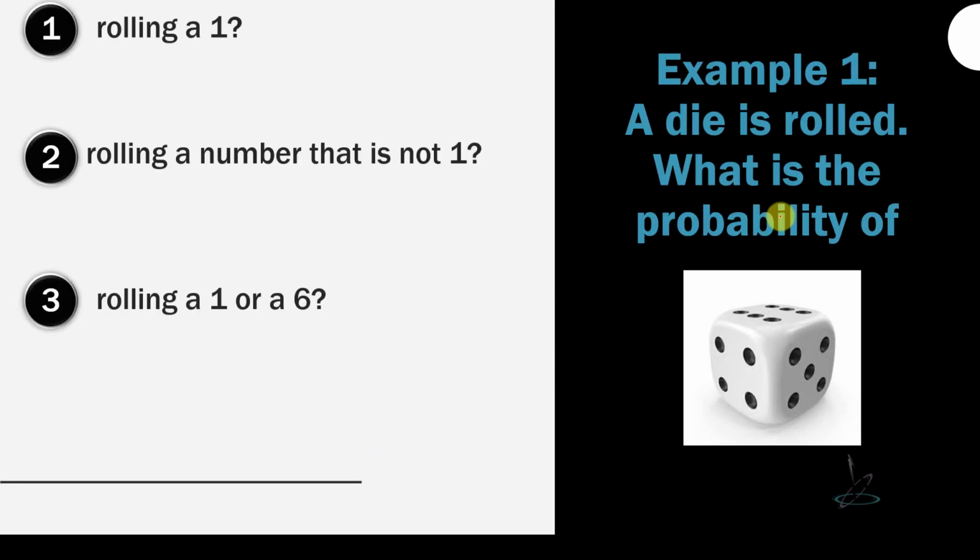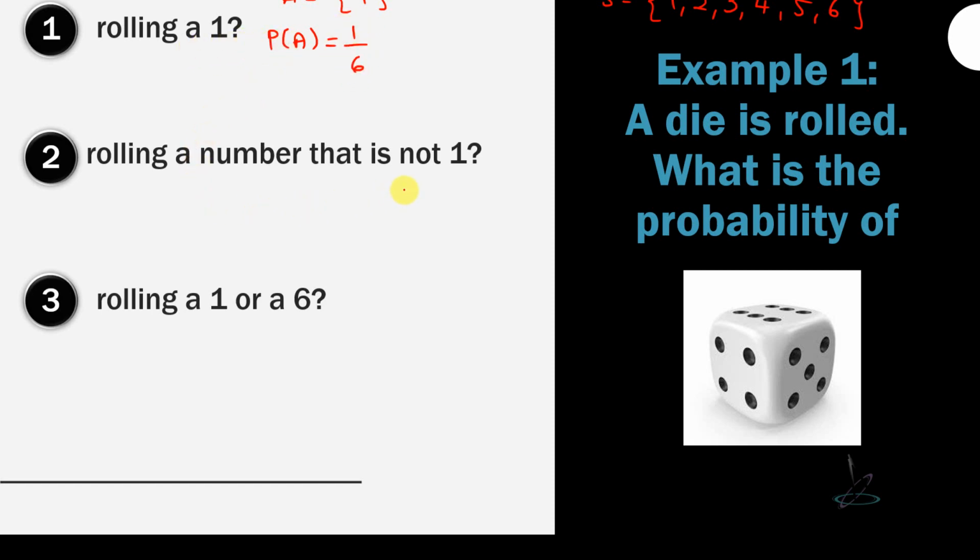Okay, so let us go to the example. A die is rolled. What is the probability of rolling a 1? So our event now is rolling a 1, so that means 1 is inside this. So probability of A is simply 1 out of 6, because in our sample space, we can get either 1, 2, 3, 4, 5, or 6. So there are 6 possible outcomes. So to roll a 1, it is 1 over 6.